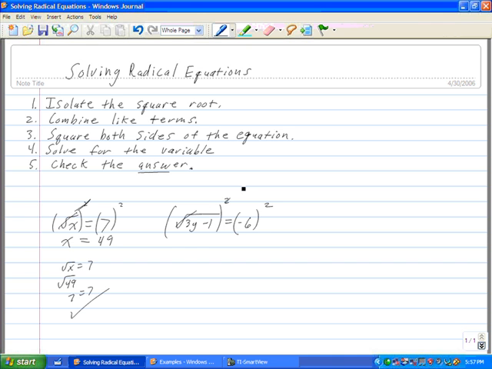The square root and the square cancel, so the 3y minus 1 is all that comes out of here. Negative 6 squared is a positive 36. I'm going to add 1 to both sides. Get 3y equaling 37. And when you divide by 3, your answer is 37 thirds.